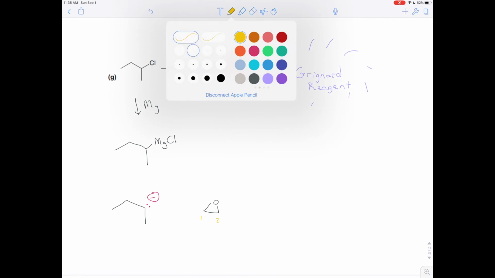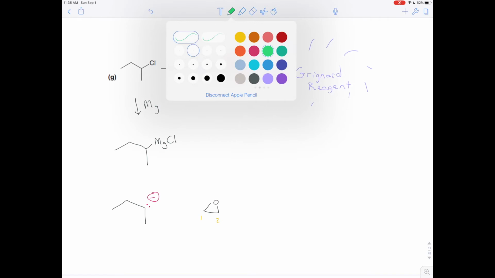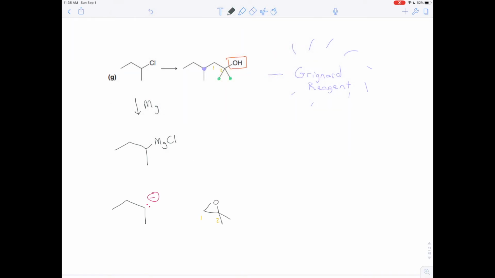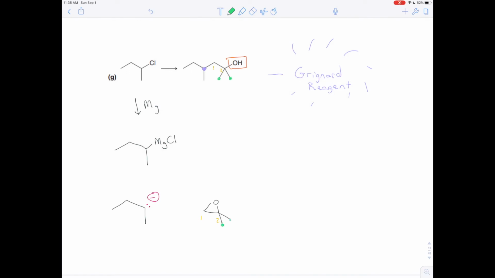Notice here we have 2 carbons coming off of that carbon number 2. So I'm going to draw those 2 carbons there. That resembles these. Okay, so that's our little epoxide.